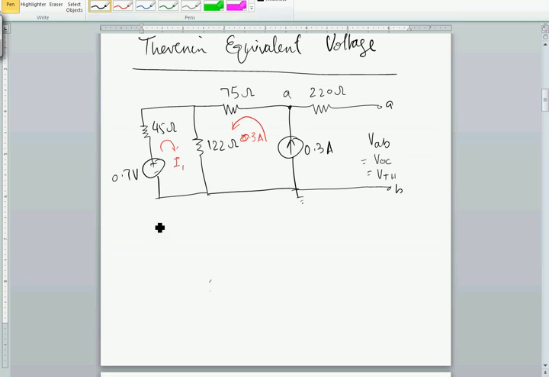There's only one mesh that we do not know the current for, so we're just going to write down the equation for this mesh, which will be 0.7 is equal to 45 plus 122 times I1, and since both the currents are going in the same direction, plus 122 times 0.3.